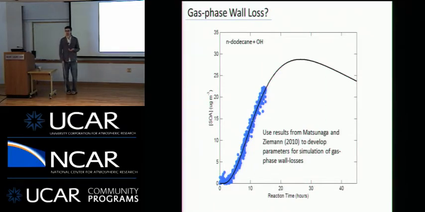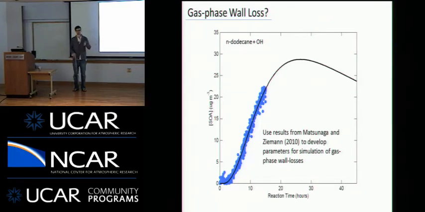And so what I've done is I've put gas phase wall losses into the Statistical Oxidation Model framework. I've done this using results from Paul Ziemann's group, this very nice paper from Matsunaga and Ziemann, kind of reminding the community that wall losses are important. One of the key things they found is that the gas phase wall losses seem to be reversible.